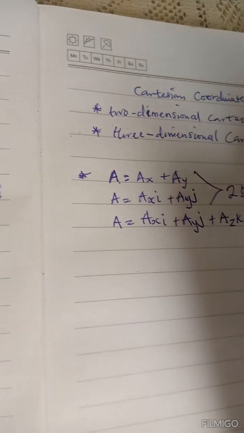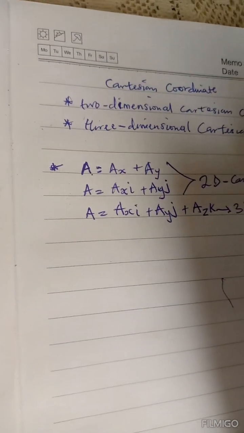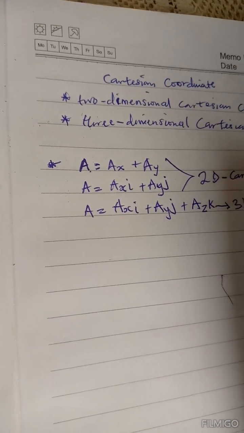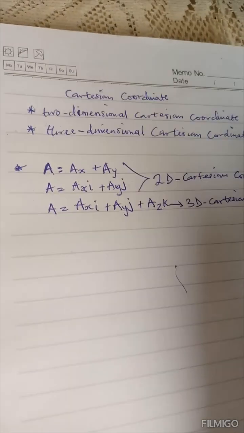So this is what? Three-dimensional Cartesian coordinates. All right, I hope we understand that. And it is actually very, very simple.